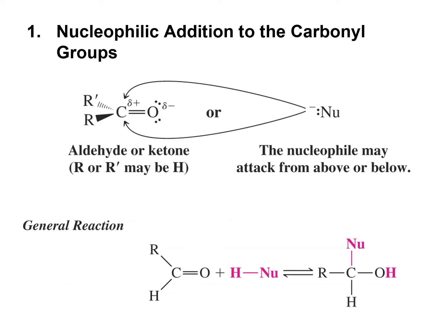The first type that we're going to discuss in full details is the nucleophilic addition to the carbonyl group. The carbon of the carbonyl is carrying a partial positive charge, which will be attacked by the nucleophile, and you end up with a carbon carrying the nucleophile and the OH in addition to whatever was attached to the carbonyl at the beginning.